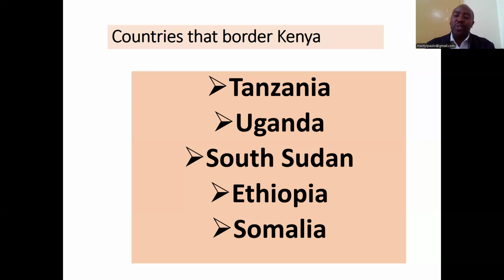The Indian Ocean is not a country, it's a drainage feature. In as much as it shares a border with Kenya, it's not a country. So the countries that border Kenya are 5, as we've named them: Tanzania, Uganda, South Sudan, Ethiopia, and Somalia. You can write them in any order.